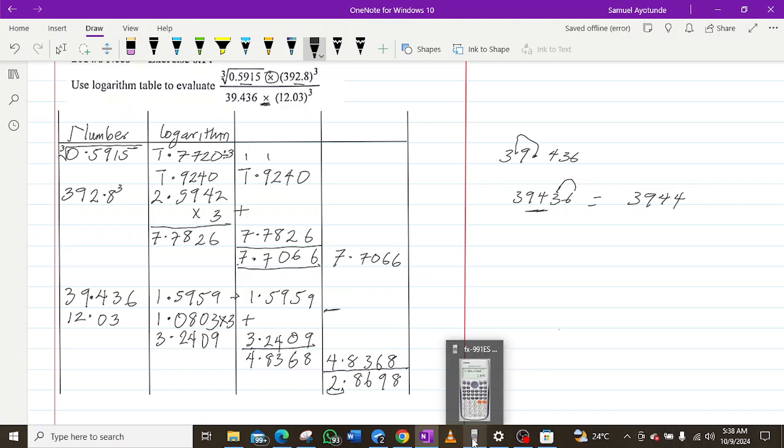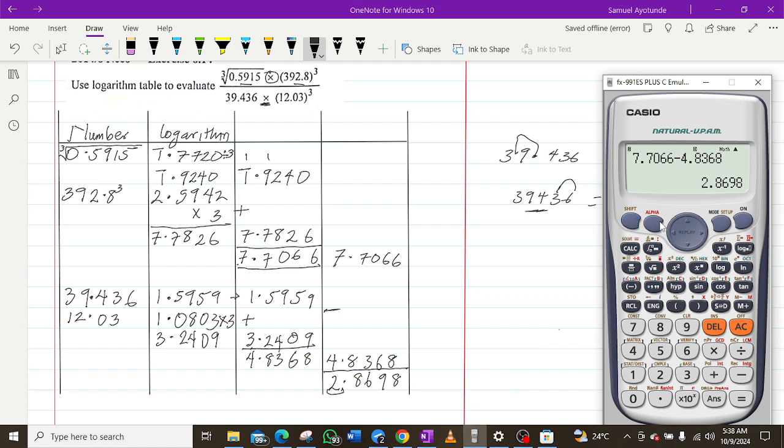So, anti-log, shift log, 0.8698. That's 7.4096. The number after 4096 is 8, so we round up 6 to 7.